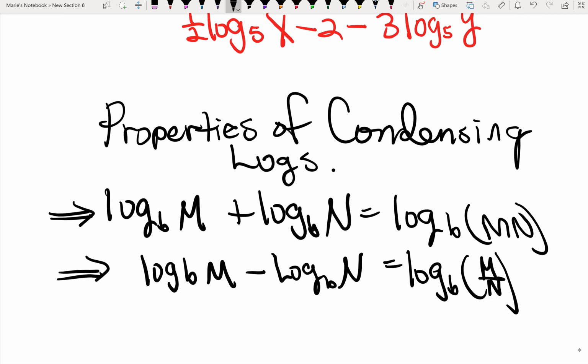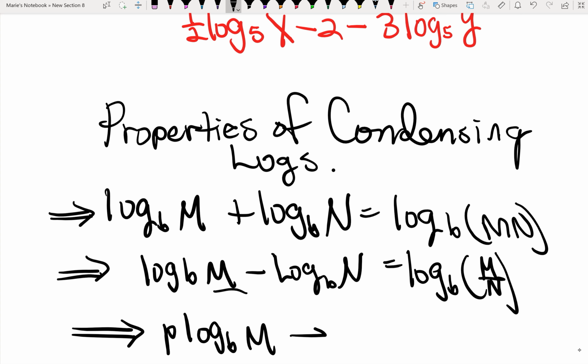So if you notice, it's always the first value that goes on top. And the last one's the power rule, where if I have the power times the logarithm of base b m, that condenses to the logarithm of base b of m to the p. So we're just going the opposite direction.